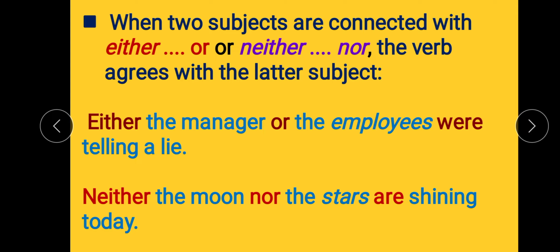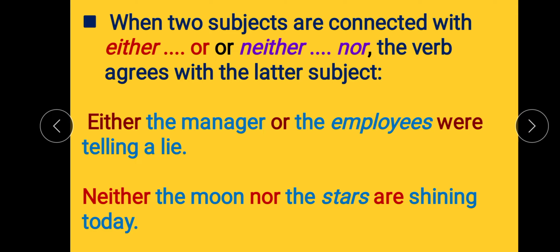For example, either the manager or the employees were telling a lie. This is the first subject, the manager, and this is the second subject, the employees, or you can say this is the latter subject. See, the employees is in plural number.